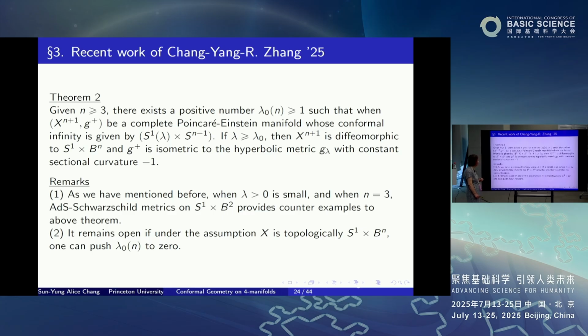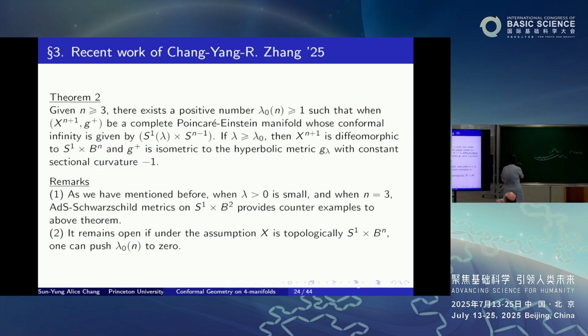And again, this condition is not satisfied for AdS-Schwarzschild metric, but an open question we have is, we wonder if this lambda 0 n, which we know exists when lambda is very big.